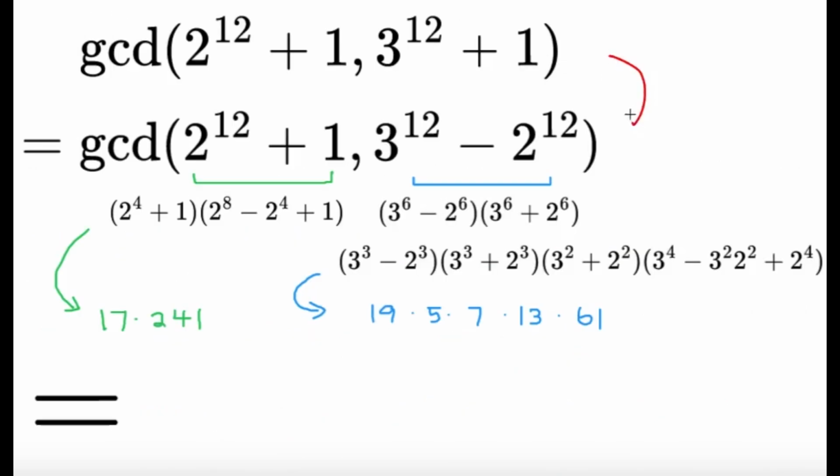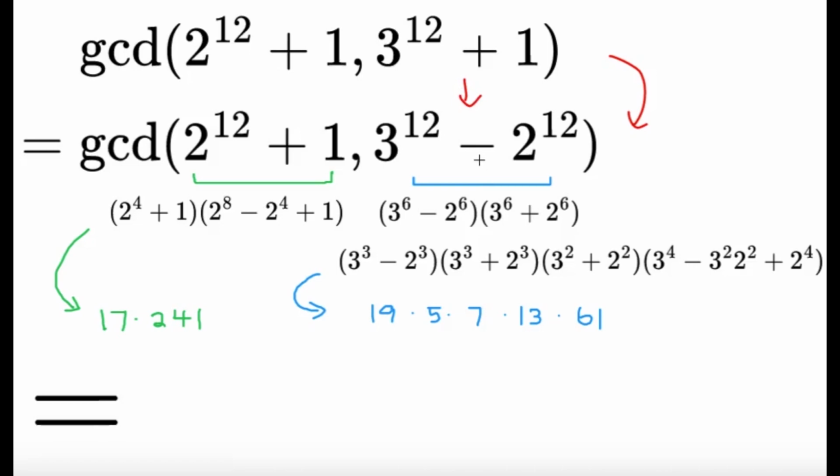Now, I can do the following step. That's by the Euclidean algorithm. So you can check this card if you're not really familiar with what the Euclidean algorithm is. Basically, you can just take the GCD of two numbers by taking the GCD of one number with its difference. So from 3 raised to 12 plus 1, I just subtracted 2 raised to 12 plus 1 to end up at 3 raised to 12 minus 2 raised to 12.